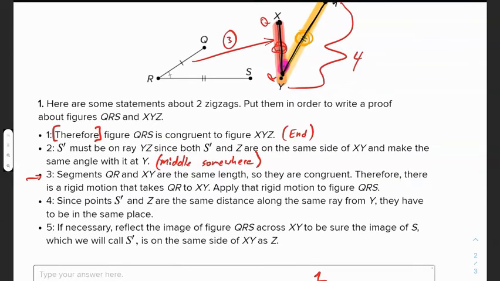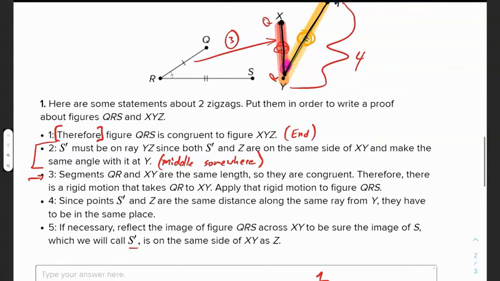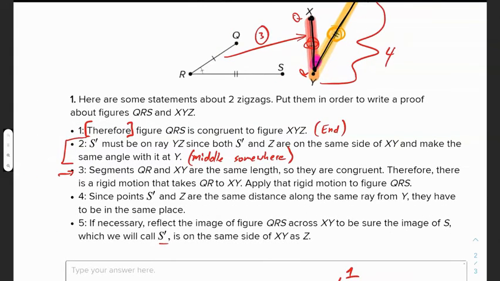Number 5: if necessary, reflect the image of figure QRS across XY to be sure the image of S, which is called S prime. Now they're talking about S prime again. In order to make the assumption for number 2, number 5 needs to happen first.